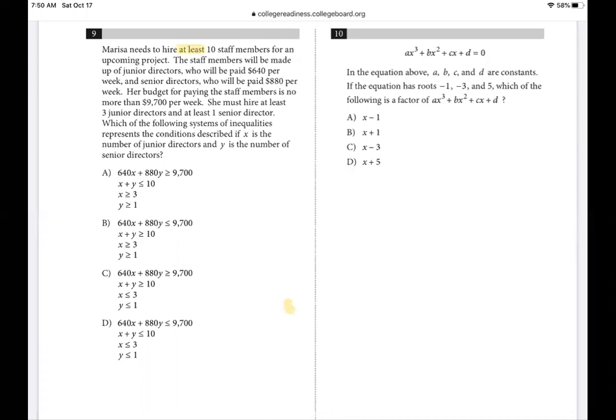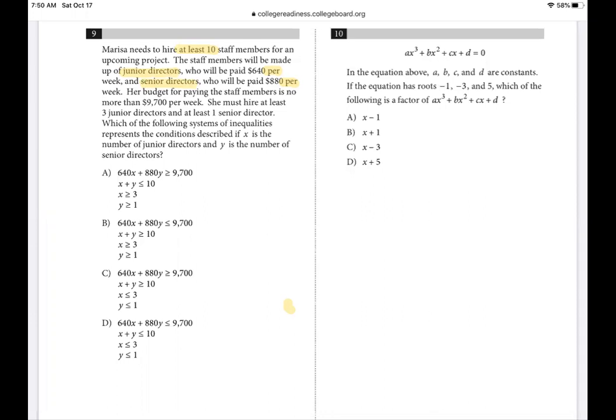But just quickly, if we look at the keywords, we have the 640 per week, and then we have 880 per week. And to acknowledge, the 640 was for the junior directors and 880 for the senior directors.